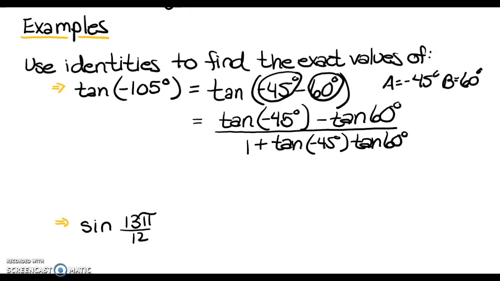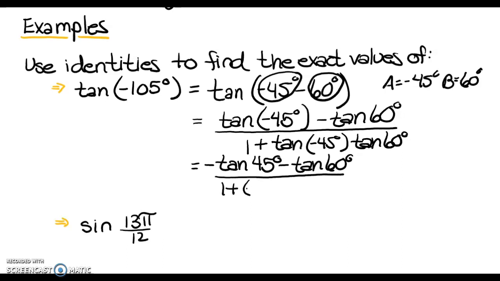What do I know about the tangent of a negative angle? It equals the negative of the tangent of the angle, so I'll rewrite this in terms of the positive angle: negative tangent of 45 degrees, tangent of 60 degrees.